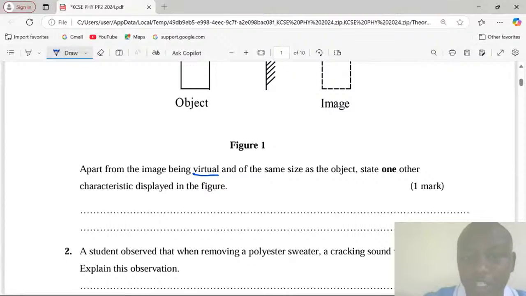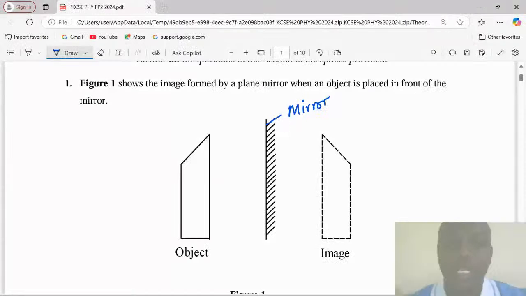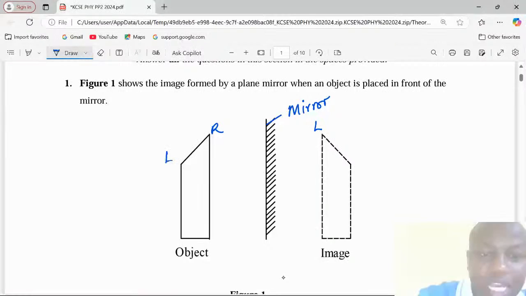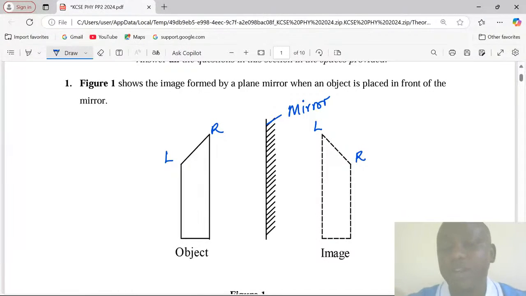The image is virtual, and the image is the same size as the object. So those two are given. In the diagram you discover that whatever is on the right now becomes the left, and whatever is on the left now goes to the right, after reflection in the mirror.